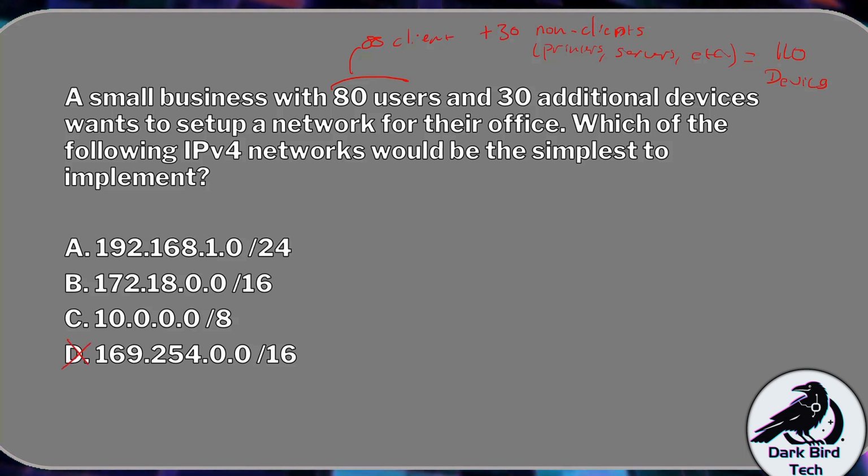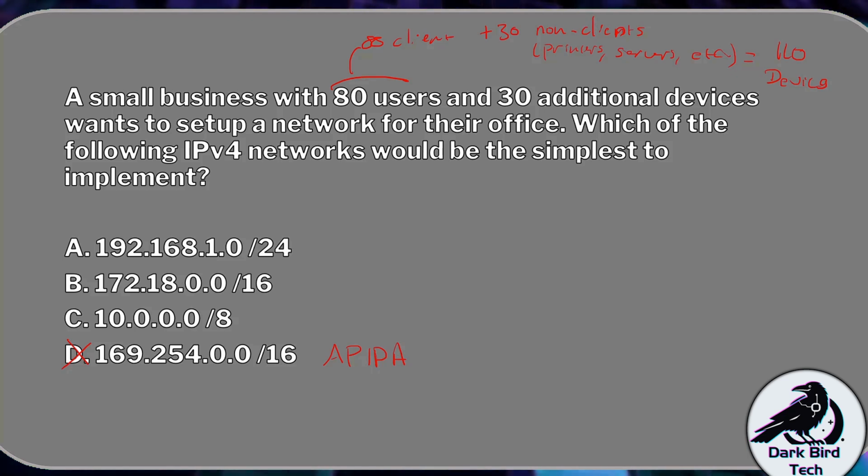The reason why I'm eliminating that before I even finish stating it is that is the automatic private IP address space, and that is a backup configuration for when DHCP fails you. Your computer will normally pick the 3rd and the 4th octet to be the host bits, and that allows for limited local connectivity. Not an option for a network where you might actually want to get out of that LAN segment. So yeah, we can eliminate that.